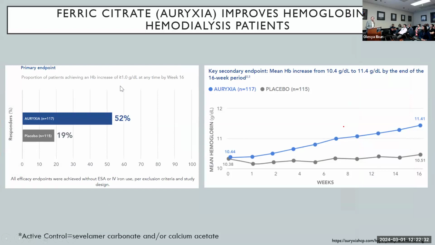By approximately 1 gram per deciliter. So Auryxia increased hemoglobin in 52% of patients compared to 19% of patients on placebo. And this graph on your right just shows progression in hemoglobin level over 16 weeks of treatment. So none of the patients were on ESA or IV iron.